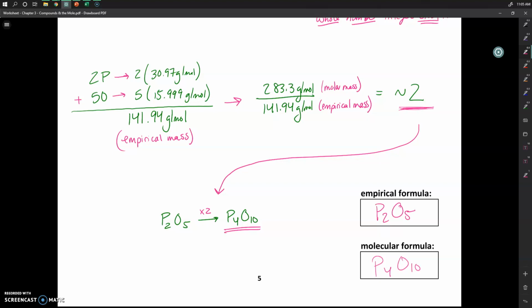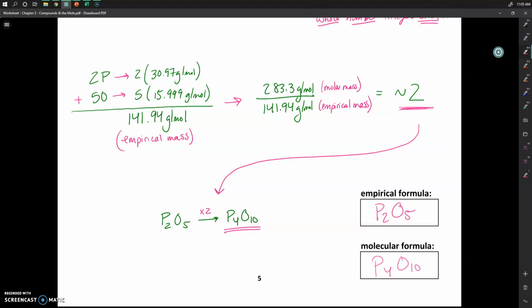P2O5, you could also, when you solve for that, double check that it makes sense that this is an empirical formula and that you can't simplify it any further. And so if you notice here, we can't divide 2 or 5 by the same number to get another set of whole numbers. So that means this is the simplest version of this empirical formula, or of this ratio between the elements.